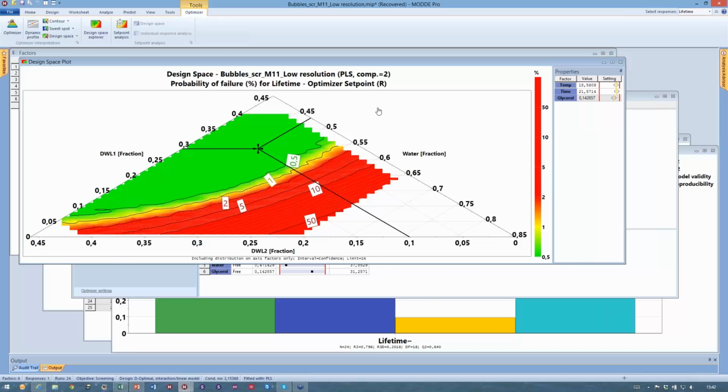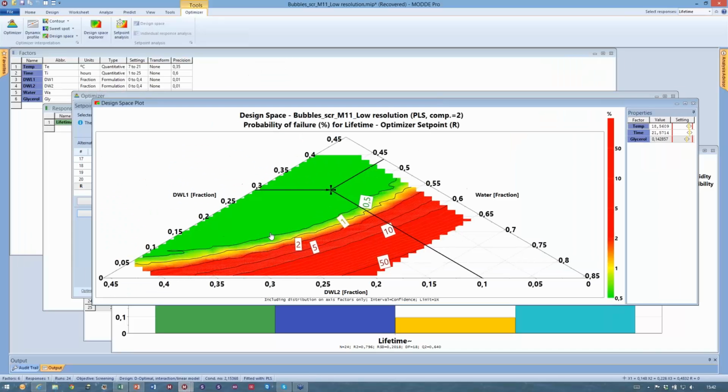And in this so-called design space plot, the color coding is now not anymore according to the predicted lifetime in seconds. The contour levels represent the risk of failure. So where the green color starts, there is 1% risk of failing to comply with the specification, meaning that 10,000 predictions in 1 million predictions are violating the specification.